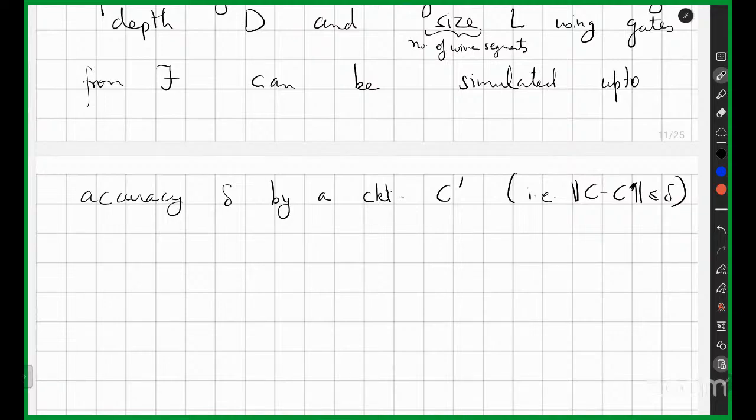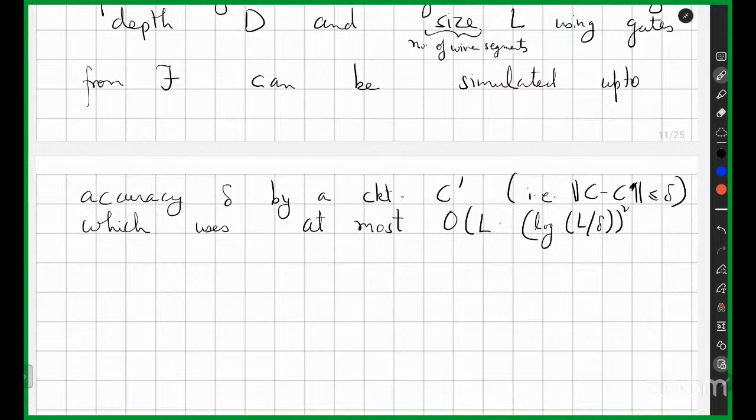C prime uses at most order of L times log of L by delta to the power u gates.